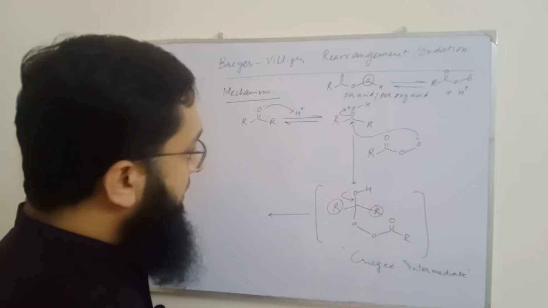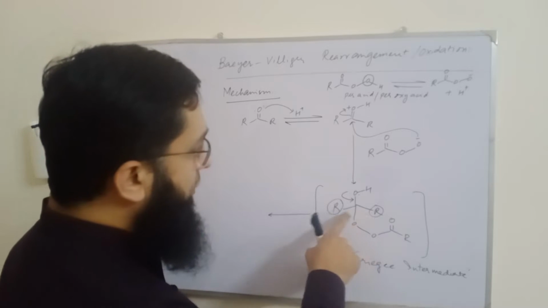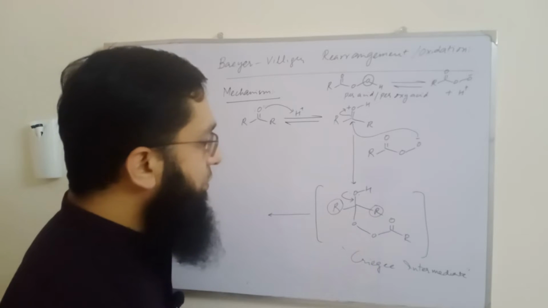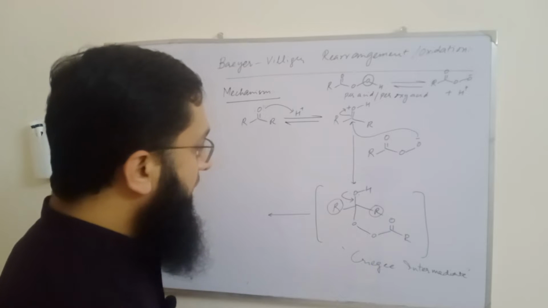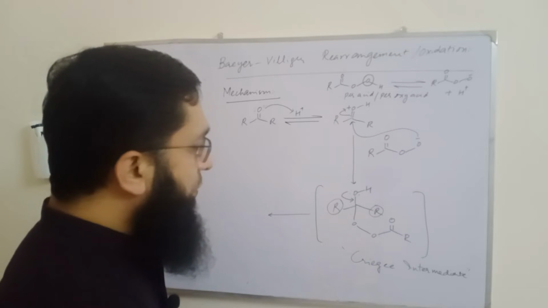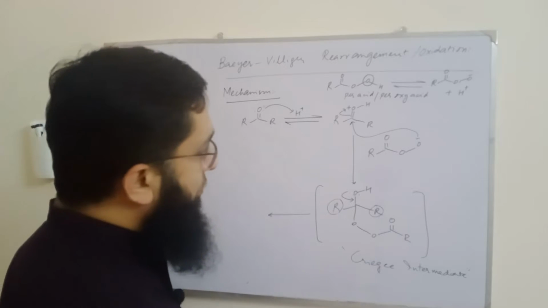If both the groups are the same, then anyone could migrate, and if both are different, the migrating group would be the one which is the better electron donating.